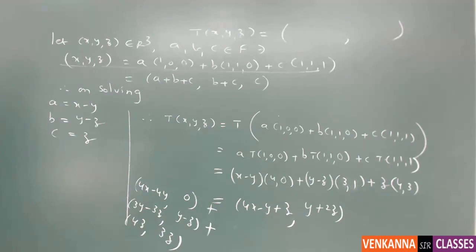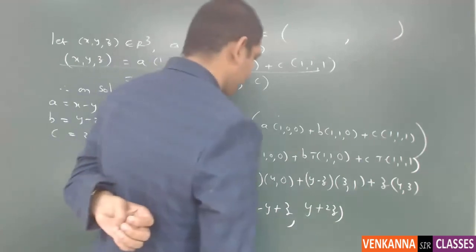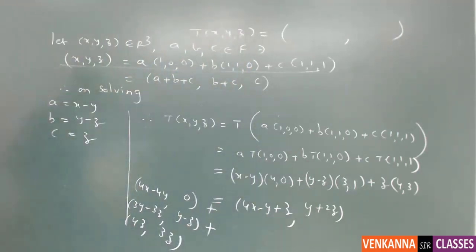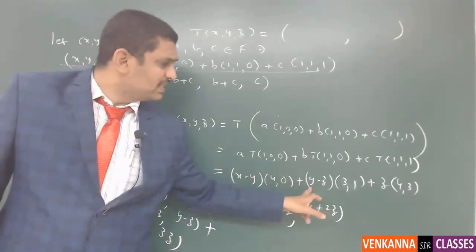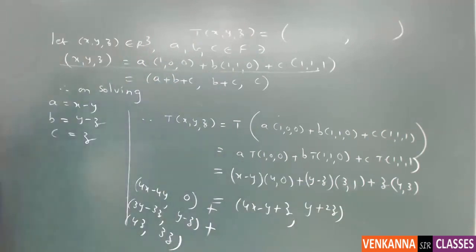Right, if I go wrong you can correct me, no problem. Yeah, that I agree. Can you check? While multiplying with y minus z, it will be y minus z, right? You are multiplying both the coordinates with y minus z. So y plus 2z will come. I hope so.